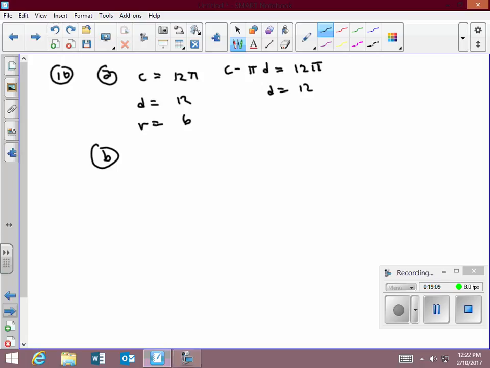So the formula is pi times the diameter, and the circumference is 12 pi, so you take pi times the diameter and divide it into 12 pi. So then B, your circumference is 15.87. So you're going to go pi times the diameter equals 15.87.